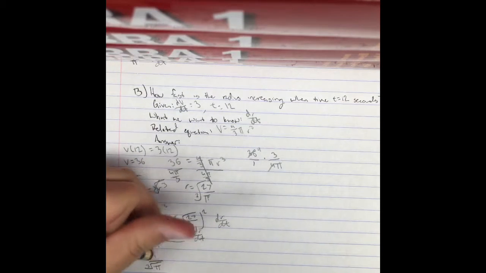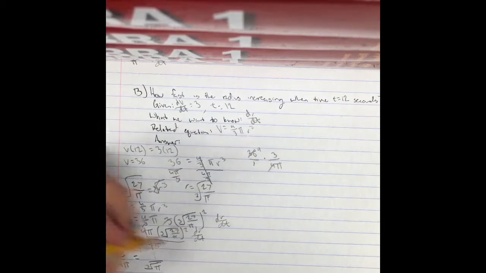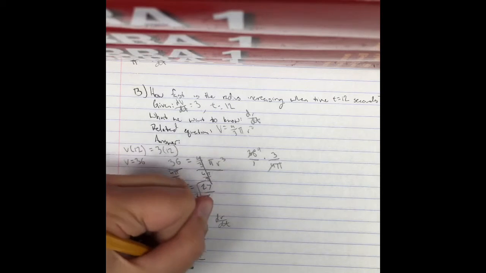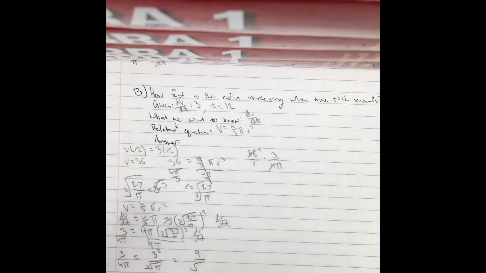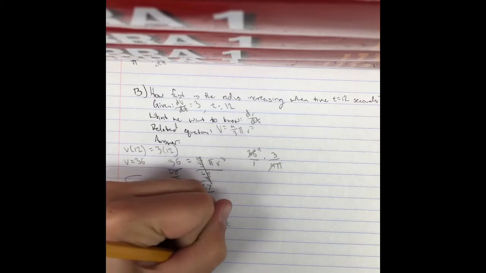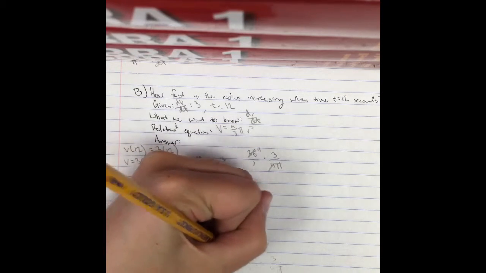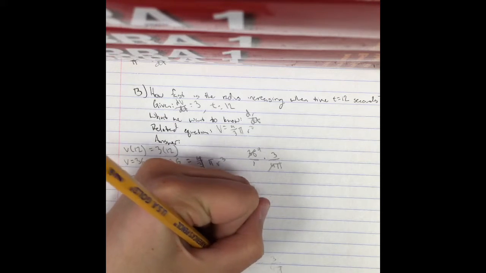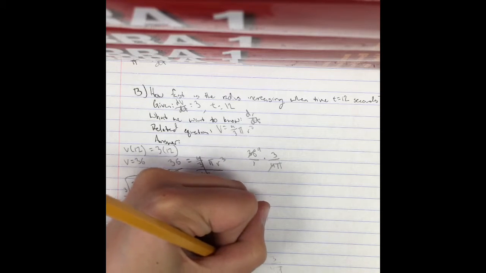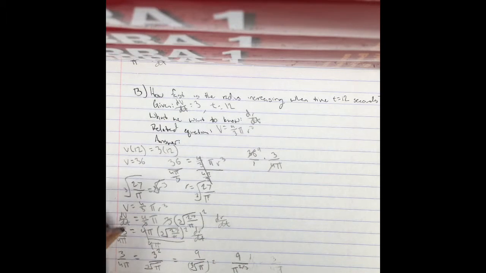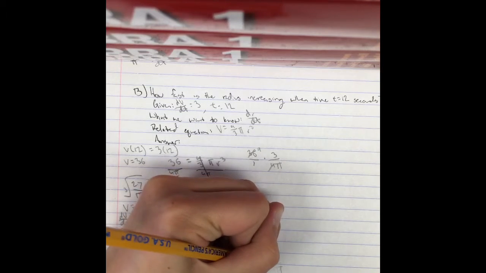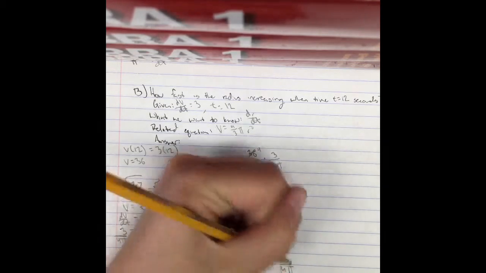The cube root of 27 is 3, and 3 squared is 9, over the cube root of pi squared. So that will equal 9 over the cube root of pi squared, which can also be written as pi to the 2/3. And from our equation above, that is multiplied by dr/dt to equal 3 over 4 pi.